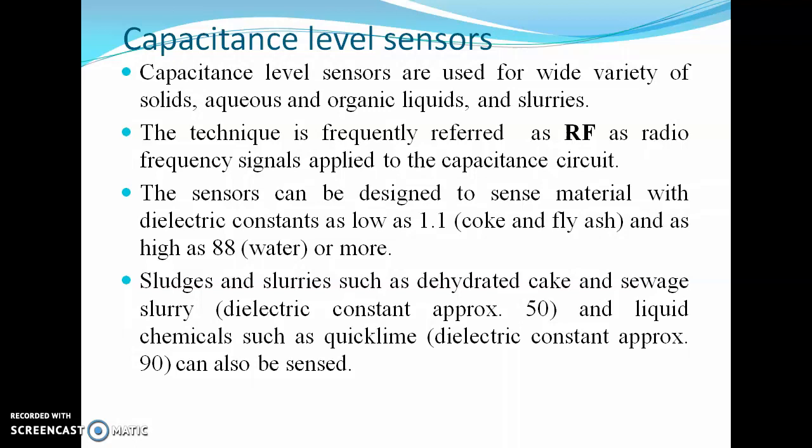So this sensor is used in solids, aqueous and organic liquids as well as slurries to find out the level of that material inside the tank.